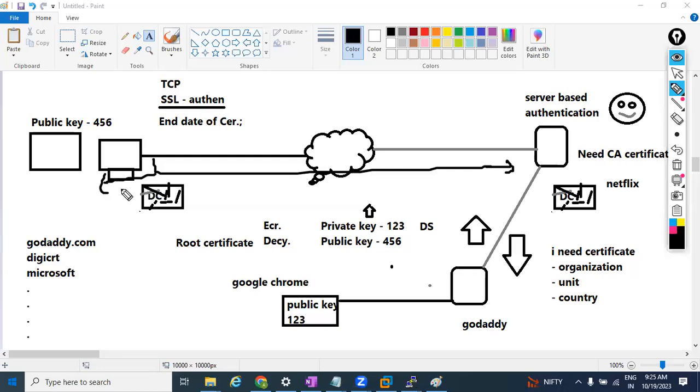Then it would send you a message that the certificate is invalid. Do you want to continue or not? If you continue, then further communication would start, or else it would stop there. Okay, so this is the way it works. Clear or not?